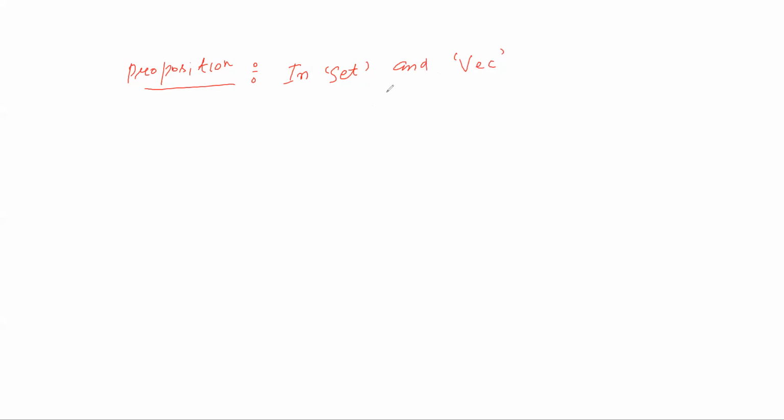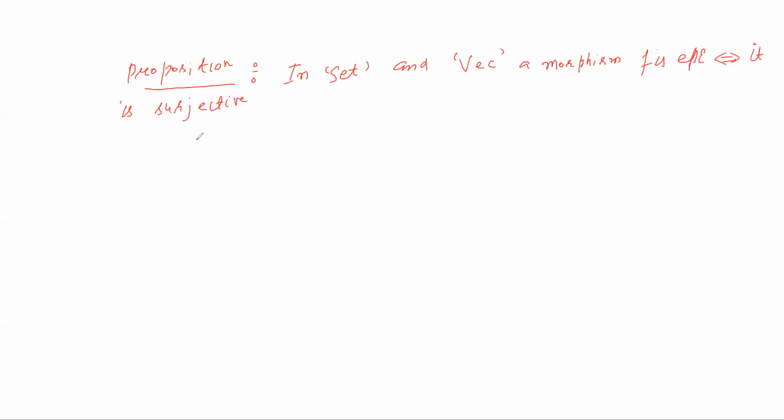In Set and Vec, a morphism F is EP if and only if it is surjective.